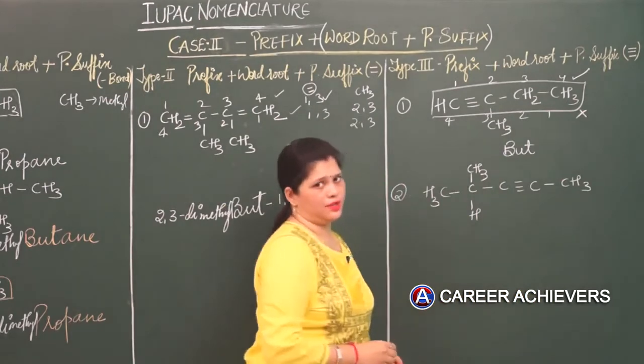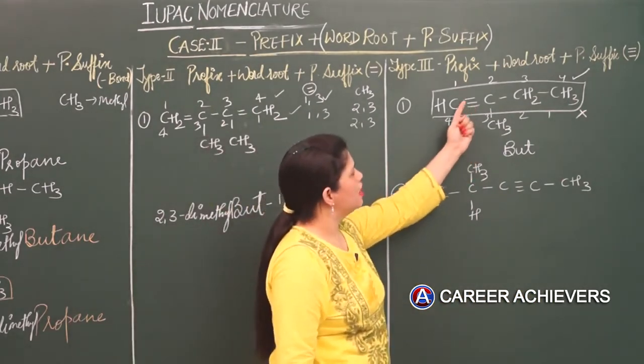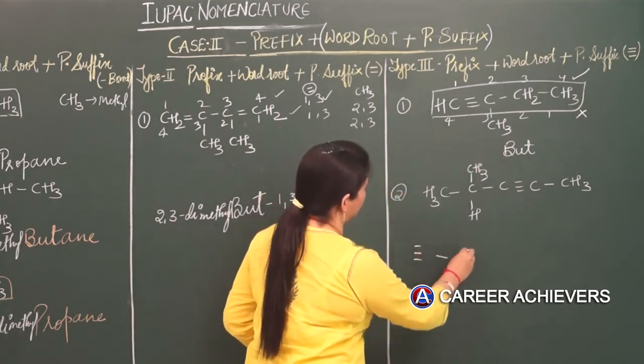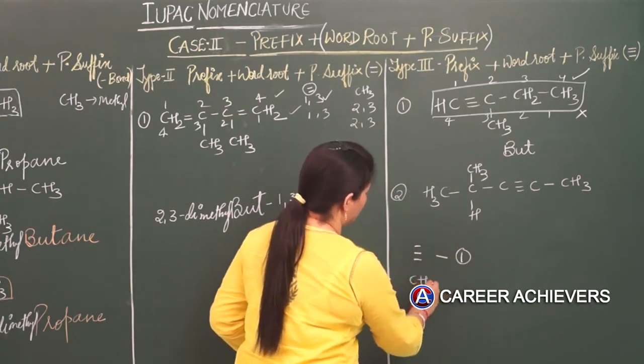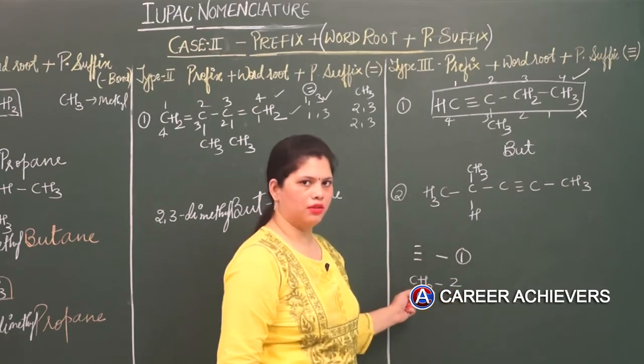Now one more thing has to be seen and understood here. We have to compare the positions of the triple bond and methyl. From the upper numbering, the triple bond gets the number 1 and the methyl gets the number 2. I'm talking about the top numbering.